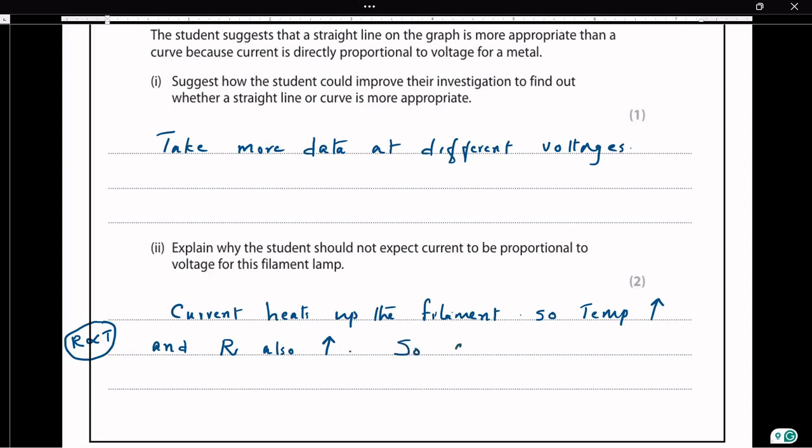So current decreases for the same voltage. Current decreases for the same voltage.